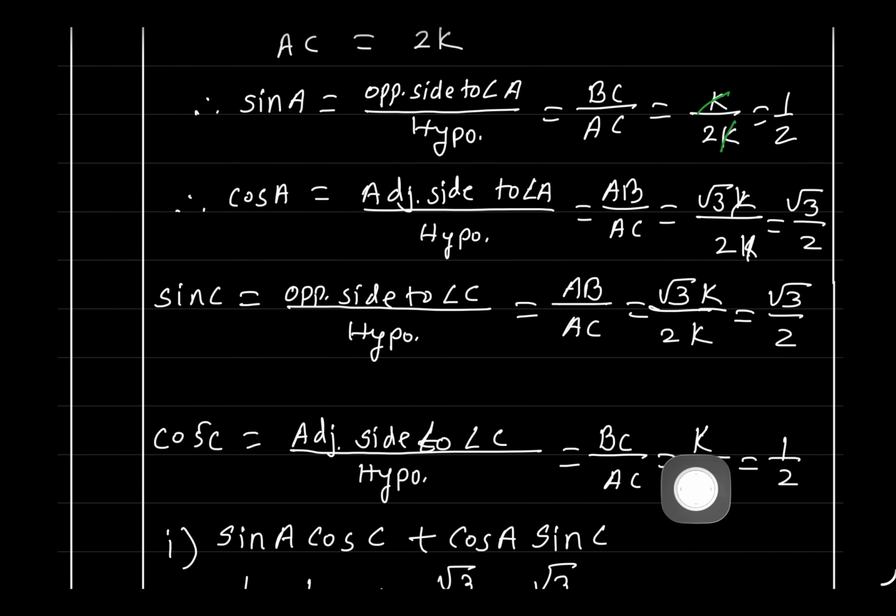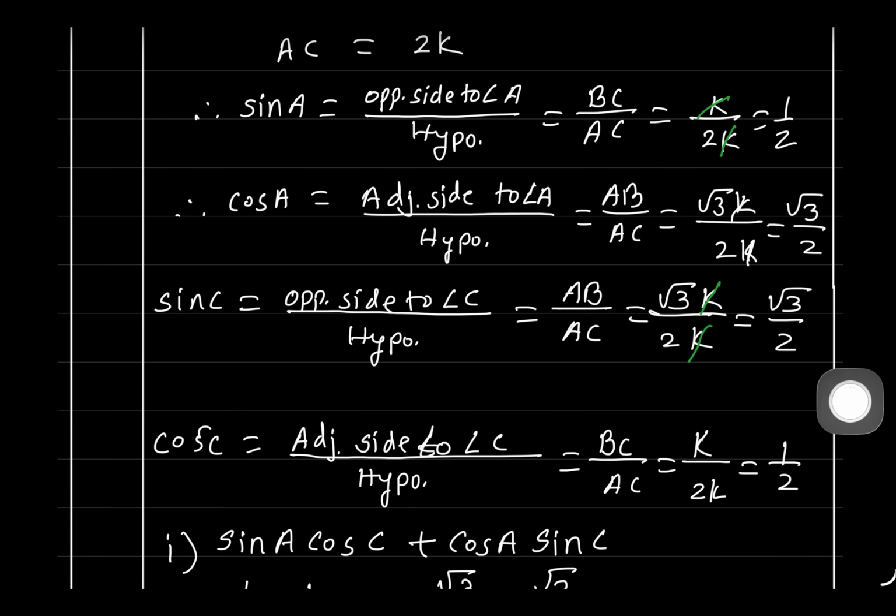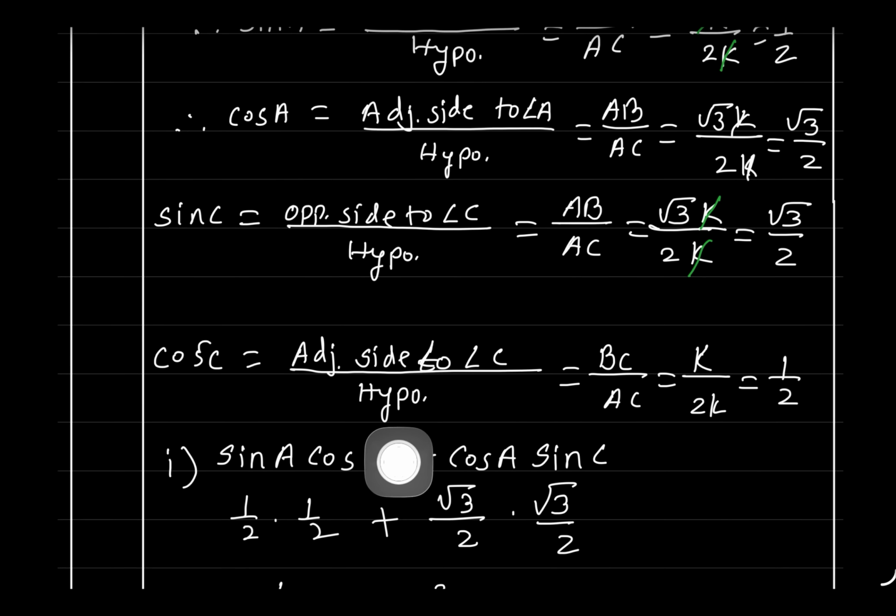So AB upon AC, root 3K upon 2K, the K will get divided, so root 3 upon 2. Now cos C. Cos C is the adjacent side to angle C, so BC upon AC, K upon 2K. This K will divide, so it remains 1 upon 2.